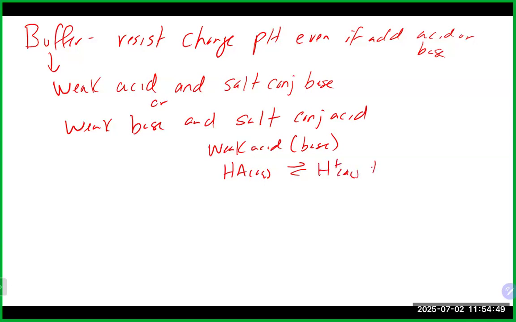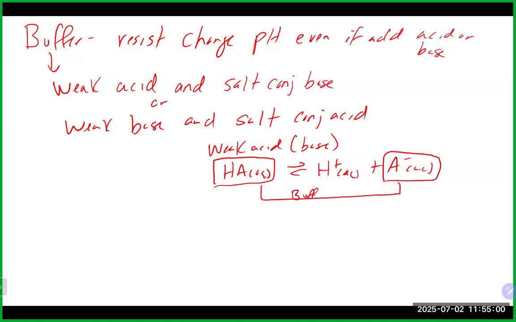And by doing so, it has the important parts of a buffer: the acid part here and the base part over here. And again, they both really need to be in that solution to allow a buffer to function correctly.